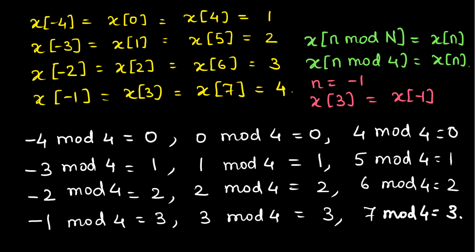Similarly, if we have the value of n as 7, then x of 7 would be equal to x of 7 mod 4, and we know that 7 mod 4 is again equal to 3. So x of 3 is equal to x of minus 1. Therefore, what we conclude here is x of n mod capital N is equal to x of n.